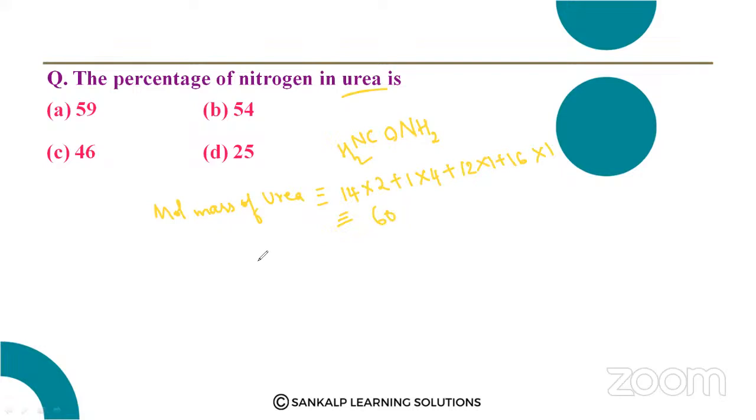Now, what is the formula? Mass percent is given as mass of the element divided by molecular mass of the compound into 100. Now which element do you have to find? Nitrogen. How many nitrogens are there in urea? 2. So 14 into 2 is 28, right? So 28 divided by the molecular mass of the compound, which is 60, into 100.